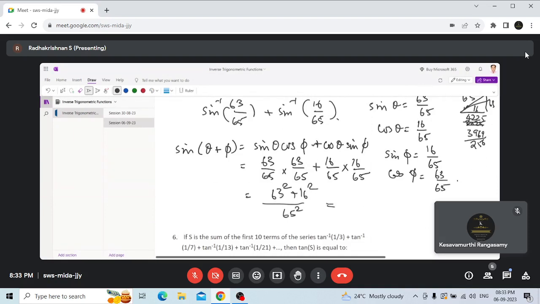We already saw that 63, 16 and 65 form a right angle triangle. Therefore, this is 1. So sine of theta plus phi is 1. So theta plus phi is sine inverse of 1, which is pi by 2.